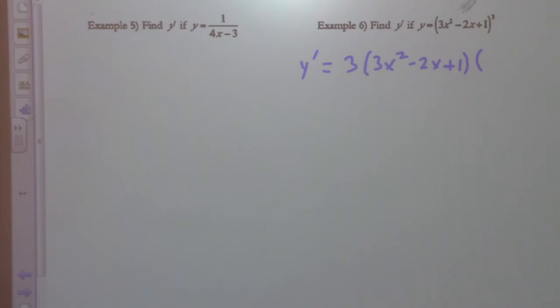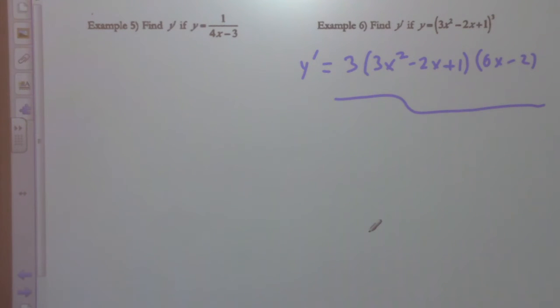What is our derivative of the inside here? For 3x squared minus 2x plus 1 squared, I'm thinking 6x minus 2. Sometimes you can just kind of multiply these things together, but I can't. So to me, that's our answer.